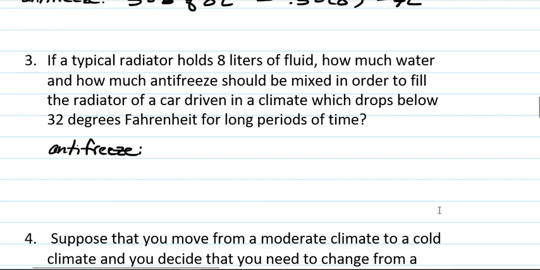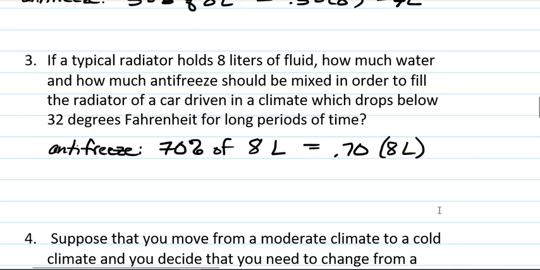It's going to be 70% of the number of liters that it holds, which is 8. So multiplying 0.70, the decimal form of 70%, times 8 liters, we get 5.6 liters of antifreeze.